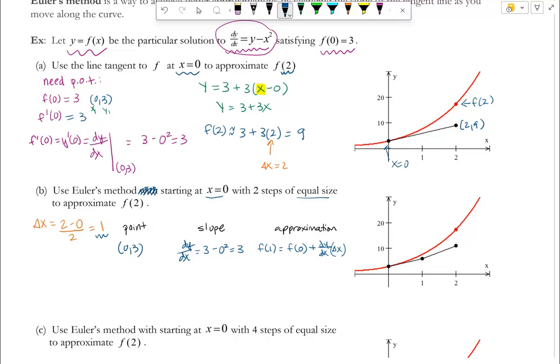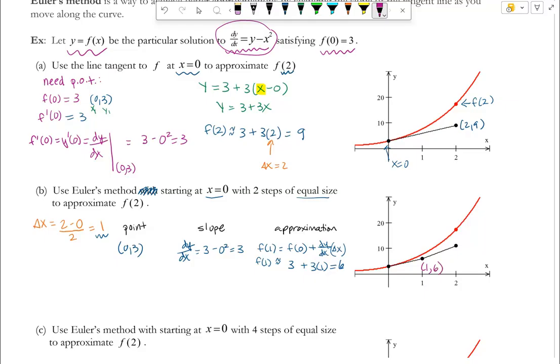That is what we do when we are making a tangent line approximation. So for this particular problem, f(1) is approximately equal. AP is not really picky about approximate versus equal sign. We said f(0) is 3. We're adding to that our slope times our delta x, which is now just 1. So we get an approximation of 6. We have now approximated that when x equals 1, our output, f(1), is 6.